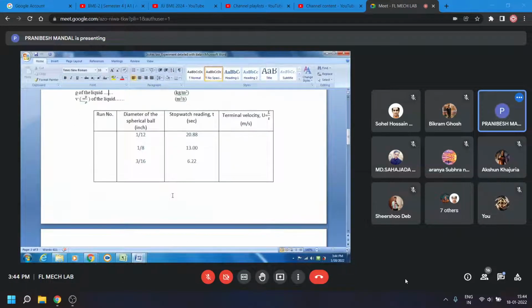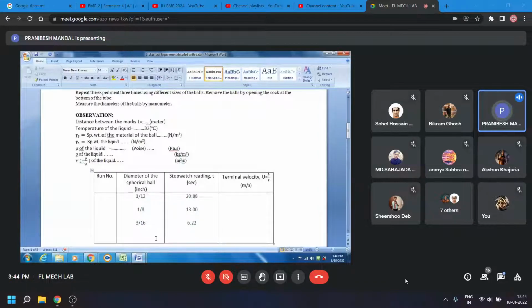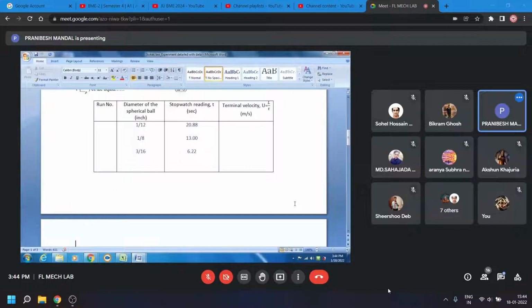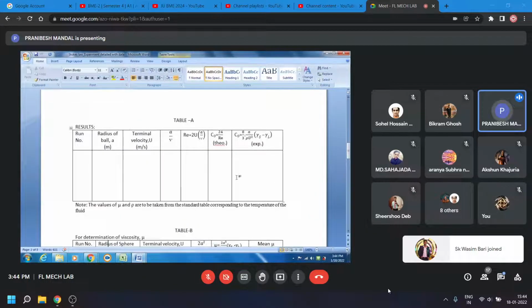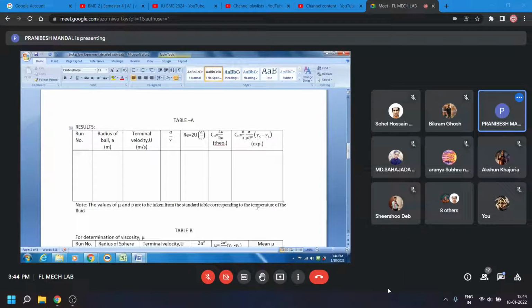You know, this data from where this has come, that I will show, no problem. There are the chart for terminal velocity that we need to measure. There are the chart for these theoretical and experimental CDs. Got it or not? Got it, sir.